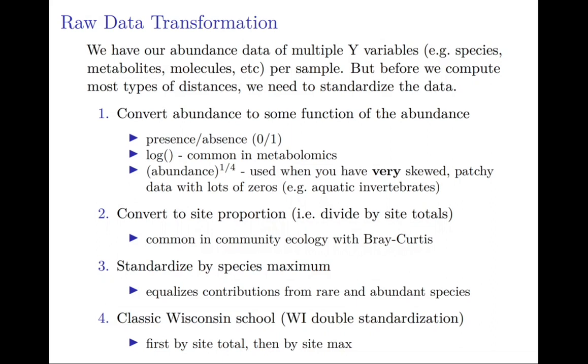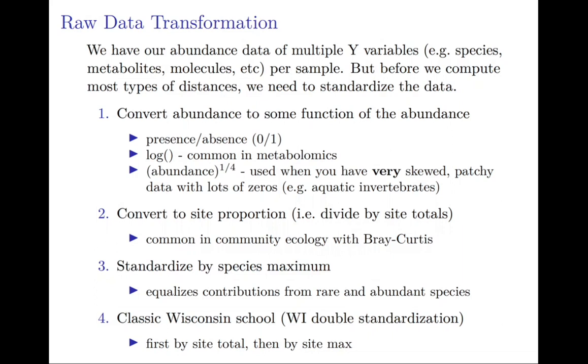There are multiple ways to think about standardizing your data, but one way is to convert the abundance to some function of the abundance. So for example, you can convert to presence-absence. If you're using Jaccard distance, then you're going to want to convert to presence-absence.